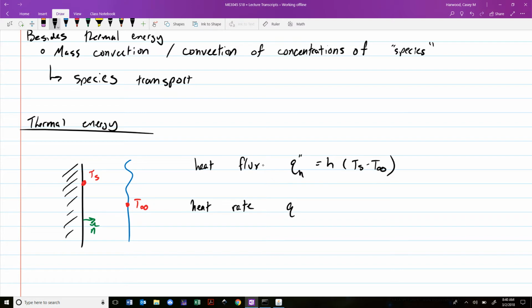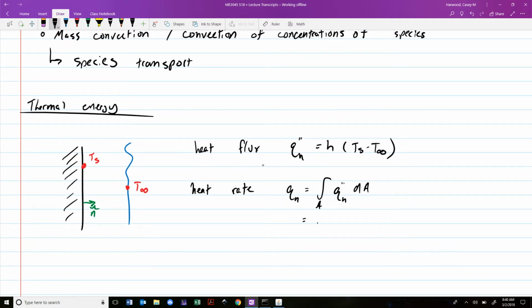heat rate, q_n, is equal to, if we were to integrate that heat flux over the entire surface, right, this would work out to the integral over A of h times (Ts minus T infinity) dA.